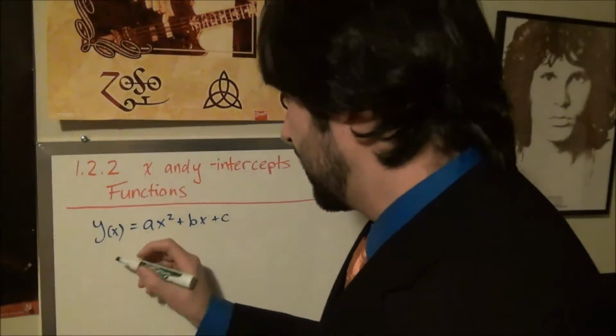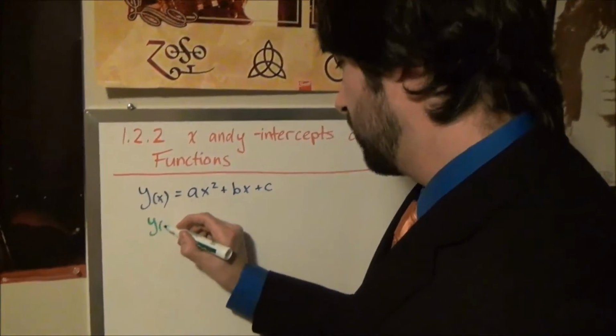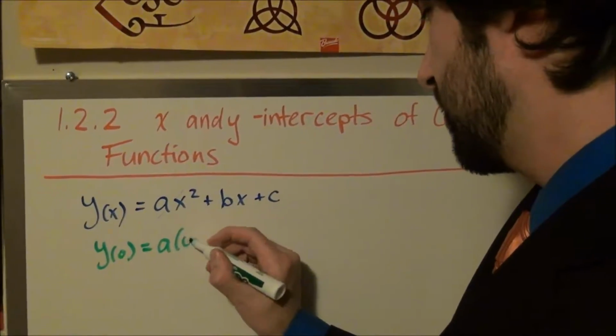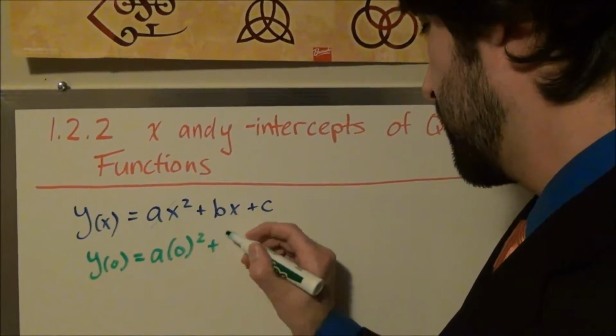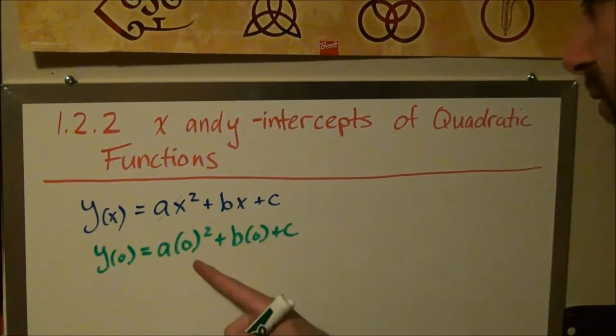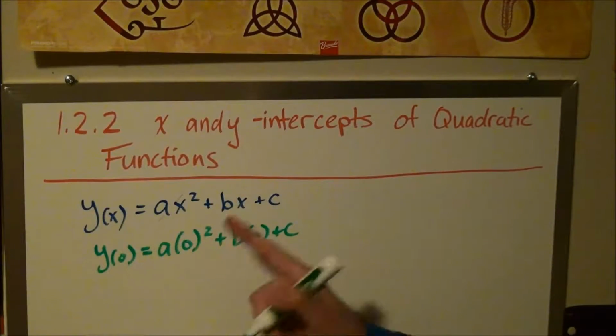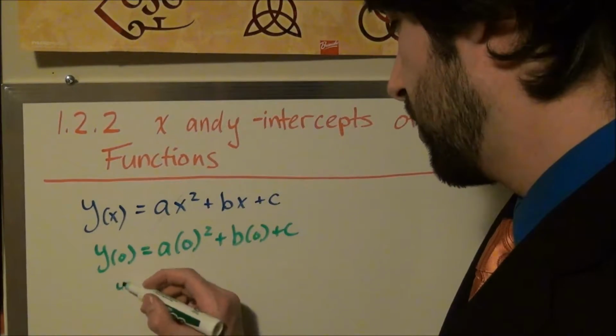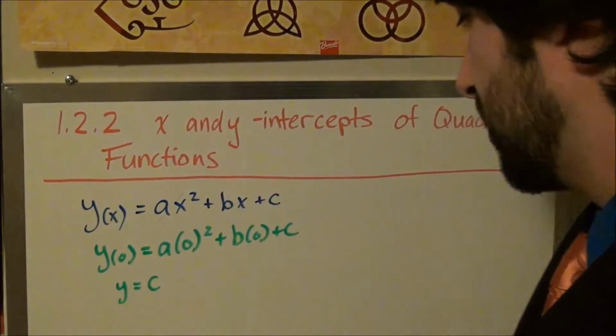And we'll do exactly that here. So y, when you evaluate it at 0, will equal a times 0 squared plus b times 0 plus c. Of course, a times 0 squared is going to be 0, and b times 0 is going to be 0. So the y-coordinate will simply equal c.